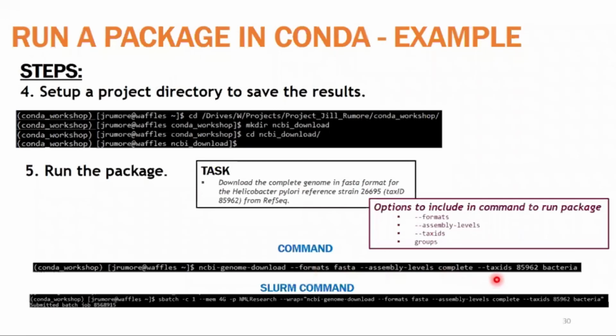And the tax IDs option corresponds to the specific taxa, 85962, that I want to download, which corresponds to the Helicobacter pylori reference strain. And so the tool knows what taxonomic group to search for, I also need to ensure that I am including bacteria at the end of the script.